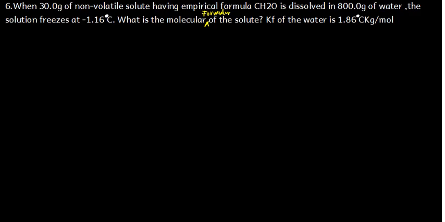But what information do we have here for us to calculate the molecular formula? We've been told that when 30 grams of a non-volatile solute having the empirical formula CH2O is dissolved in 800 grams of water, the solution freezes at negative 1.16 degrees Celsius. That means we've lowered the freezing point, because water freezes at 0 degrees, but now it is freezing at negative 1.16.